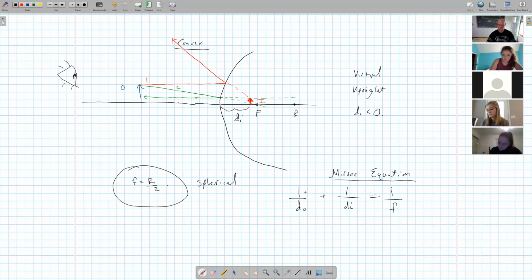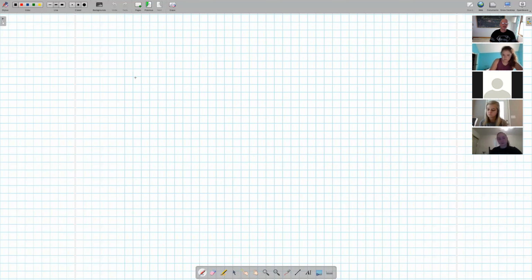So how does this work? This works with a whole bunch of different sign conventions. Let's talk about the sign conventions. Sign convention number 1: the focal length is positive for a concave mirror, negative for convex.